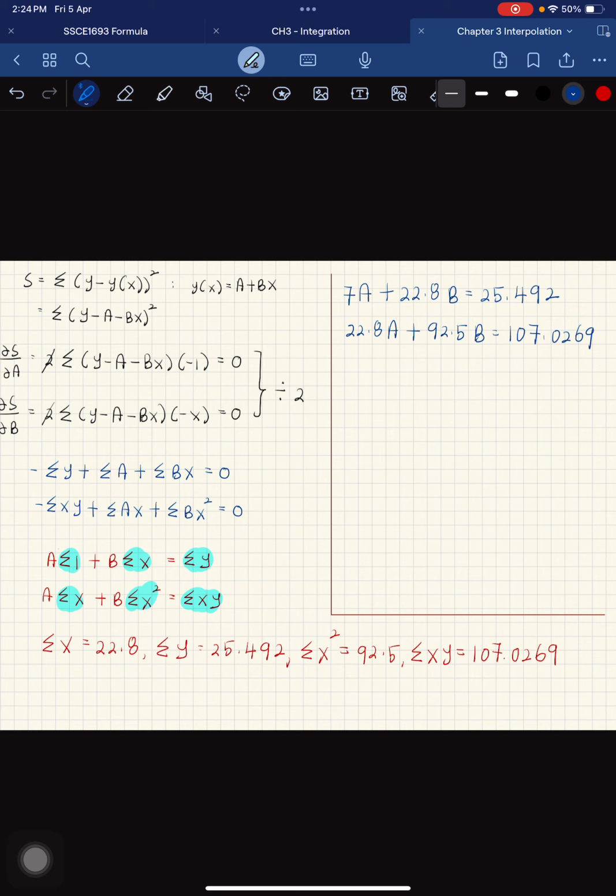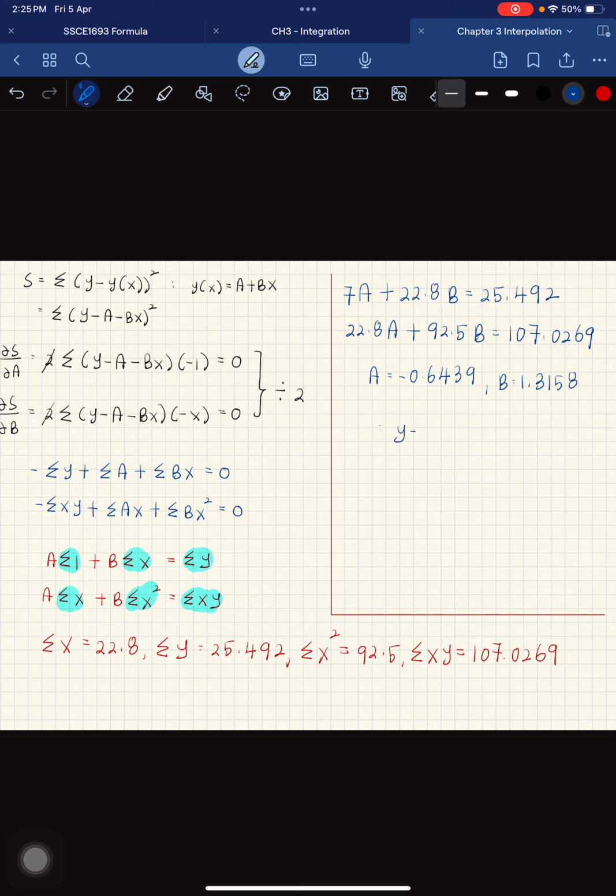So 7, 22.8 equal 25.492 equal 22.8 equal 92.5 equal 107.0269 equal. Therefore, a is equal to negative 0.6439 and b equal to 1.3158.